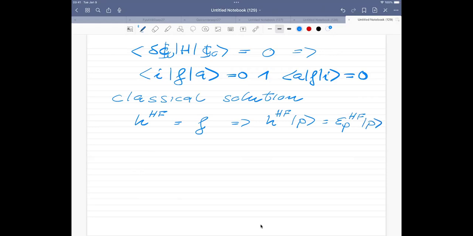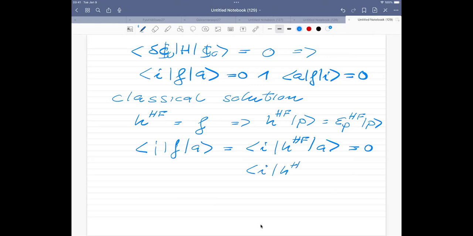And that's a way by which we can implement I of F of A, which is now equal to I of H Hartree-Fock of A equal to 0. And then I have I of H Hartree-Fock of I, which is equal to the Hartree-Fock energy for the states below the Fermi level. And similarly, we have it for the states above the Fermi level, Hartree-Fock. So this is the classical solution.